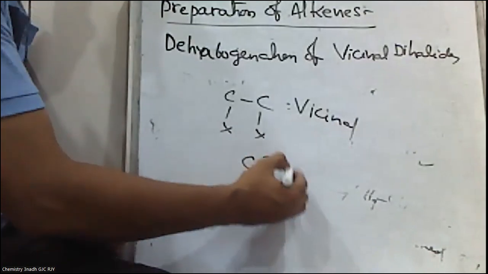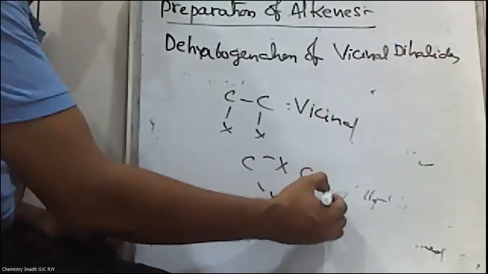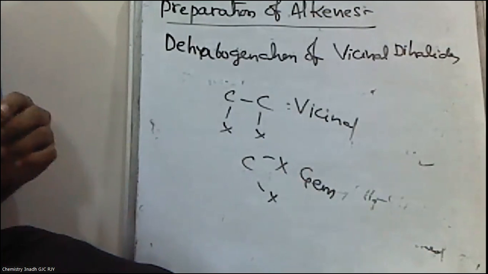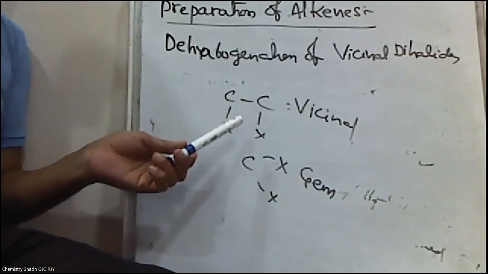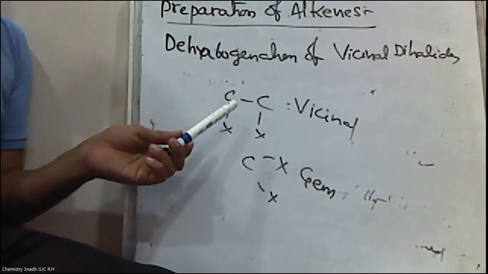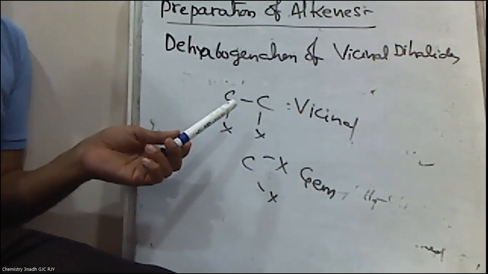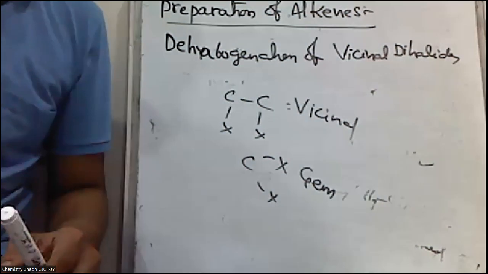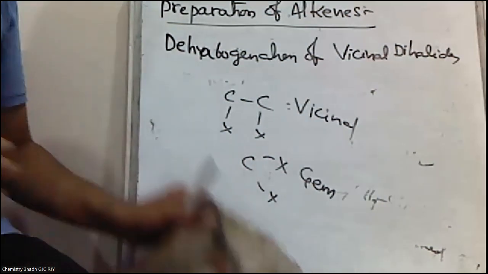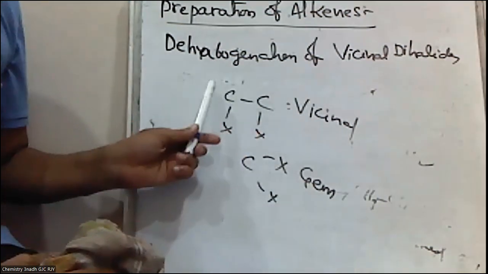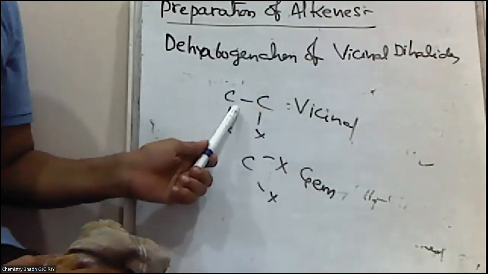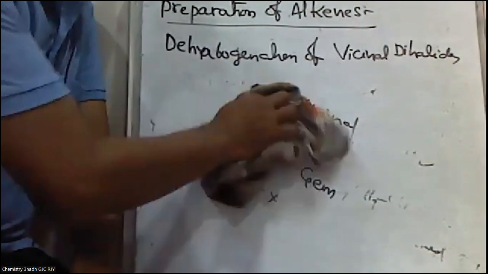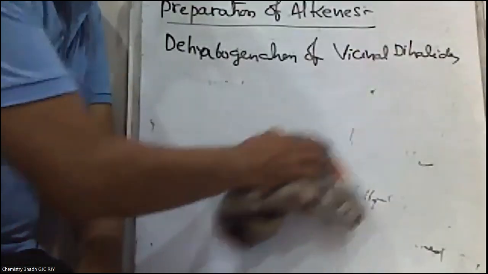If the same carbon has two halogens, they are called gem dihalides.